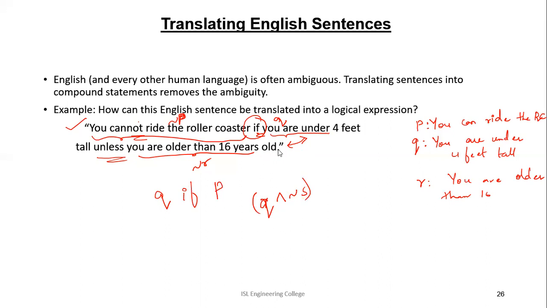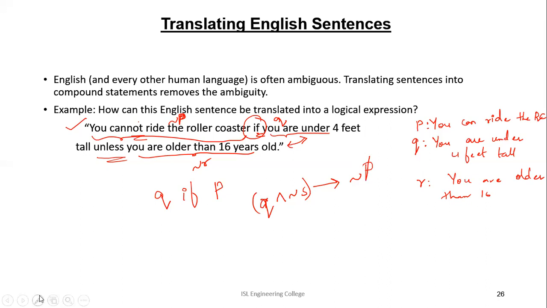Because both of the conditions should be true. And for riding the roller coaster we have used an if. So Q and negation S implies negation P. Okay. So this is the solution.